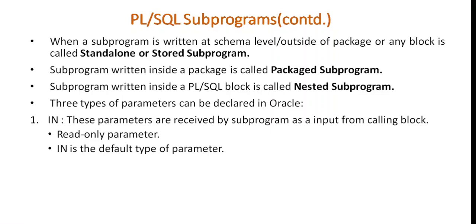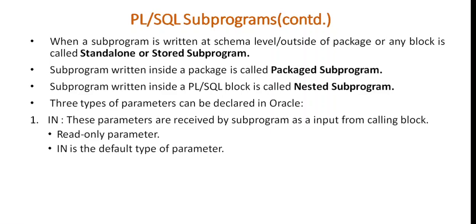Whenever we call a procedure from a PL/SQL block, we can call it by simple name, or by passing some values. Those values are received by the procedure or function as input values, and these types of parameters are called in parameters.